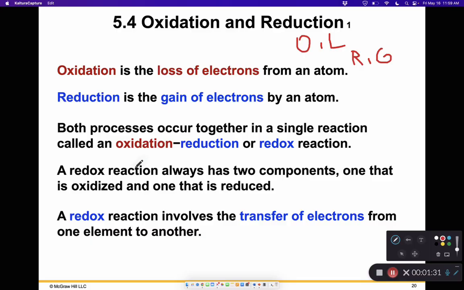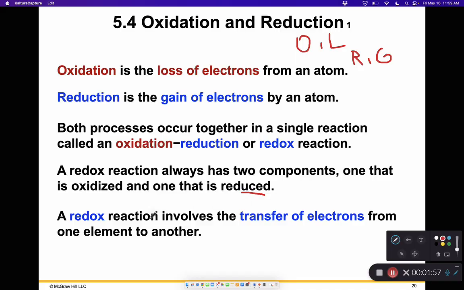So that's why a redox reaction always has two components. The one that is undergoing oxidation is oxidized and the component that is undergoing reduction is reduced. So we will find oxidized and reduced species in a redox reaction.